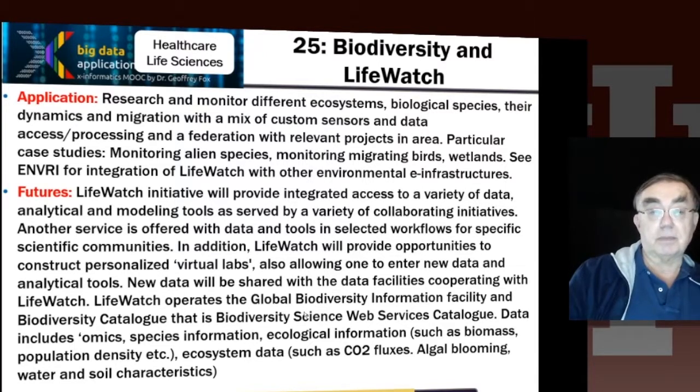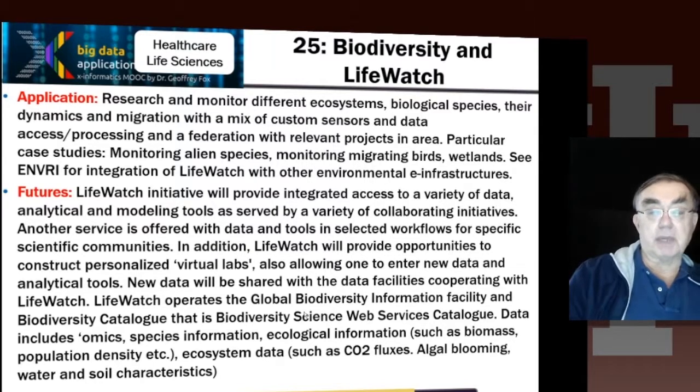And we need to process that sensor data, generate custom sensors, and integrate all that work together, whether it be monitoring for species that ought not to be there, migrating birds, wetlands. And there is a project called OMBRI, which takes this LifeWatch project and interfaces it with other environmental subsystems so they can share the infrastructure needed for processing.